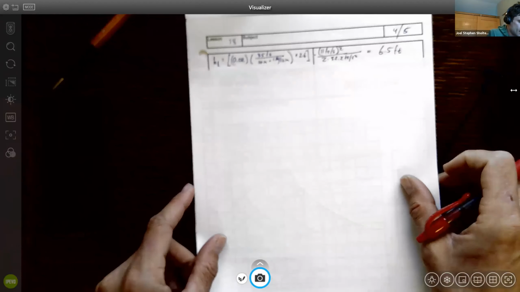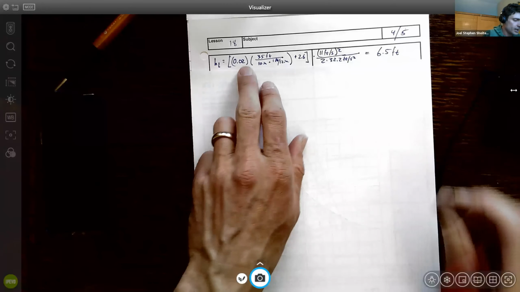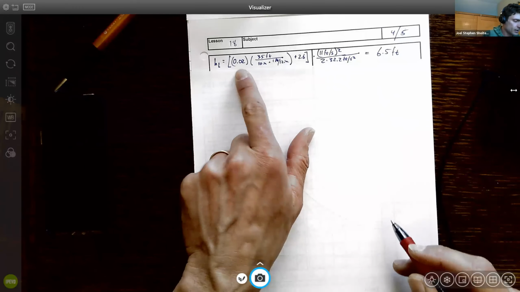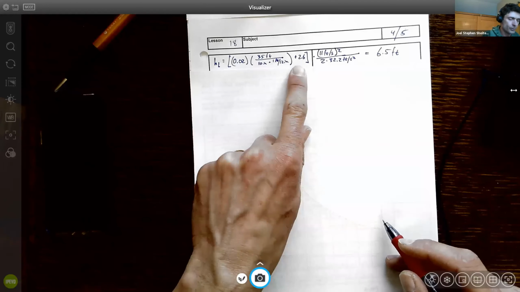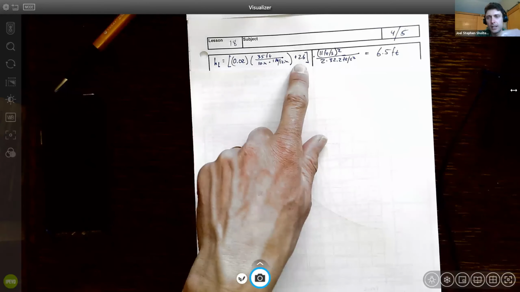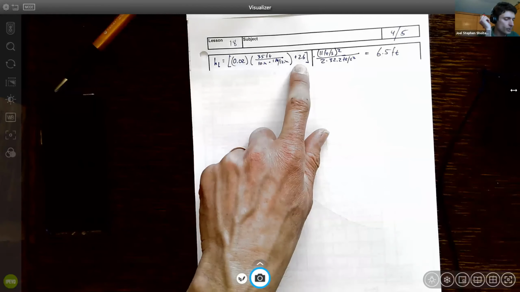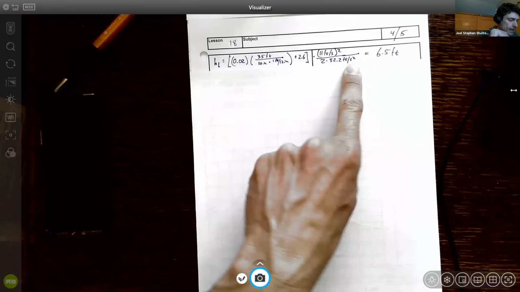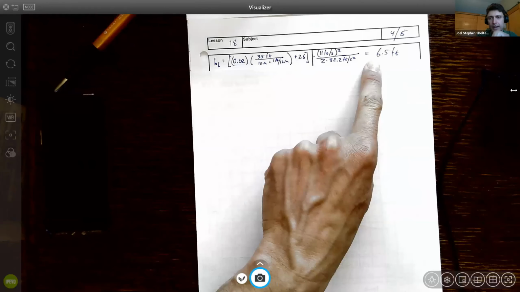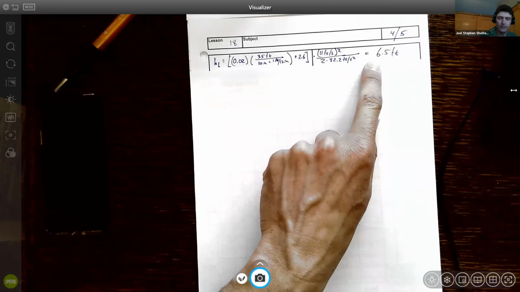So the next step is we go into our head loss equation. Here's our Darcy-Weisbach: F times L over D plus 2.6, the entrance loss coefficient for the strainer that was given, times the velocity squared over 2g. So we get a head loss of about 6.5 feet over that 35-foot length pipe.